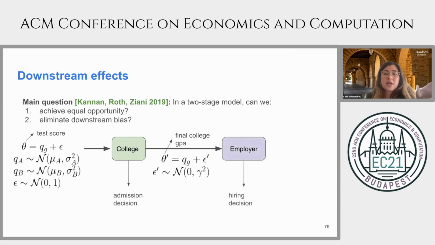Okay, so in this two-stage model, the paper asks whether we can achieve two different goals. So the first goal is equal opportunity, which means that the probability that an individual student is admitted by the college and then hired by the employer should not depend on their group. And the second goal is to actually eliminate what we call downstream bias, which means that employers ideally should not make hiring decisions based on the group of the college graduates.